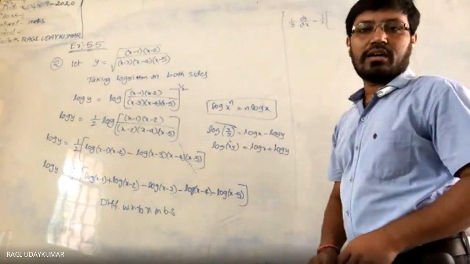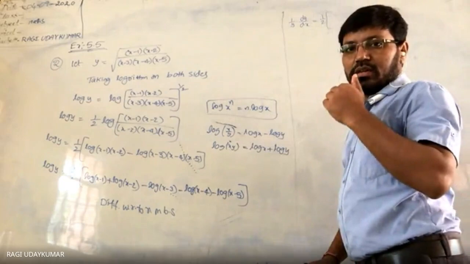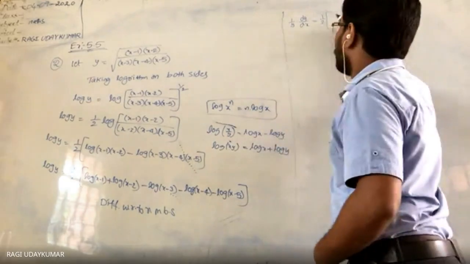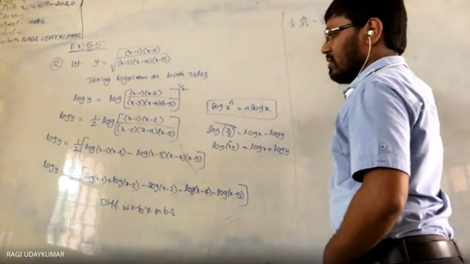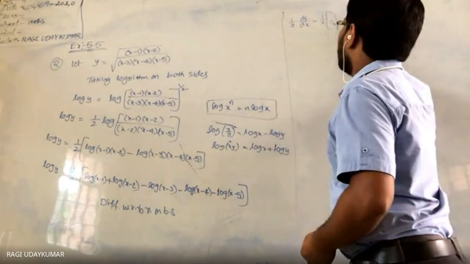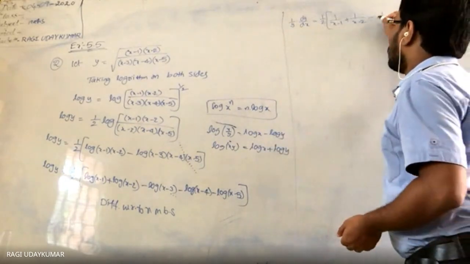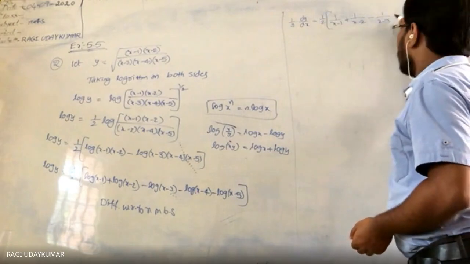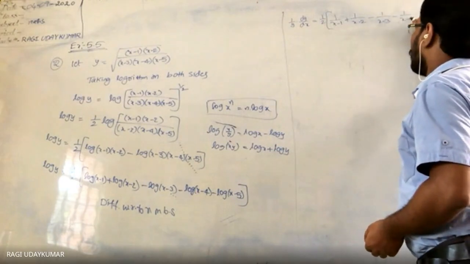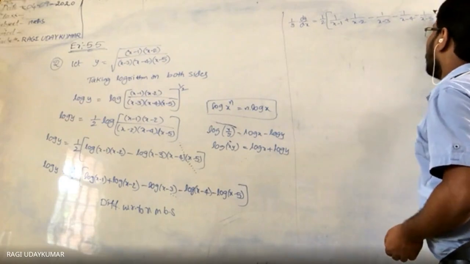So logarithm of x minus 1 gives 1 by x minus 1 plus 1 by x minus 2 minus 1 by x minus 3 minus 1 by x minus 4 minus 1 by x minus 5.